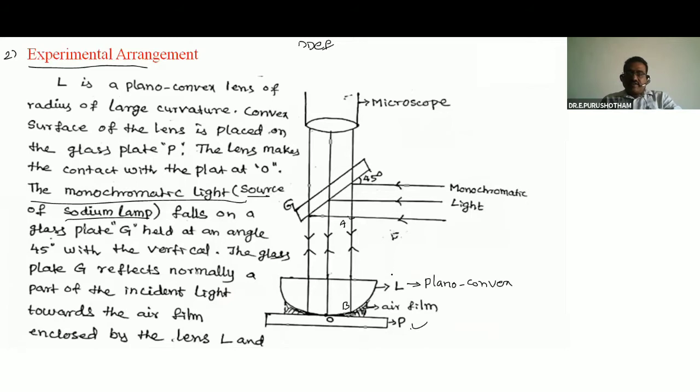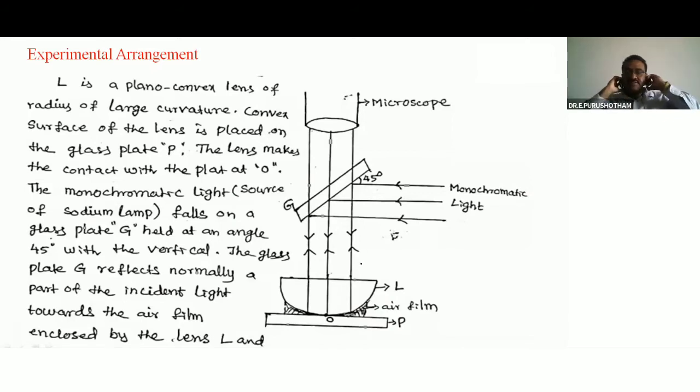So what I am saying here, you see L is the plano-convex lens, P is the glass plate. The plano-convex lens is placed on the glass plate P. The contact of L and P is O. A monochromatic light beam is incident on the glass plate G with 45 degrees angle vertically. These rays are reflected and allowed to fall on the plano-convex lens.